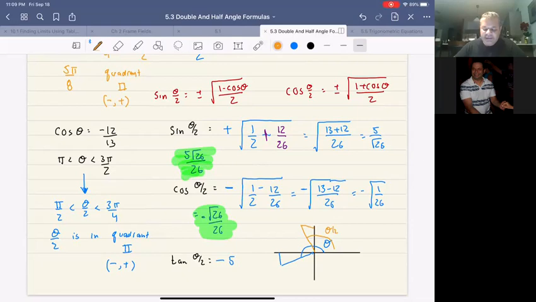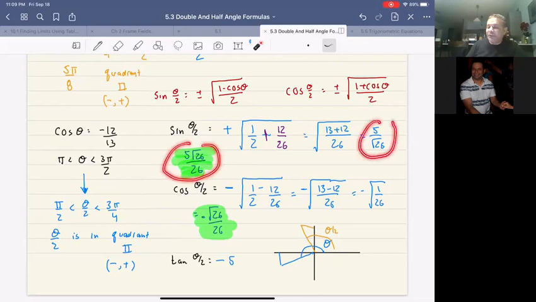So you can see the sine is pretty close to 1. √25 is 5. So you've got a kind of big positive sine and a small negative cosine. That's sort of what's happening in terms of the picture.